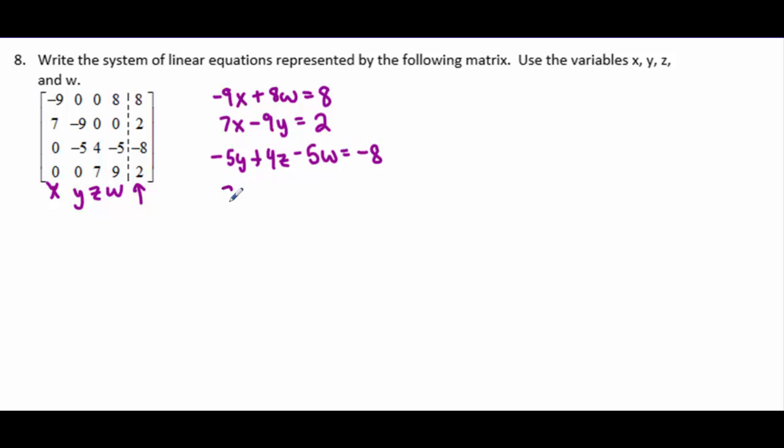And then 7z plus 9w equals 2. That's our system. It has 4 equations. None of them actually have all 4 variables, but it didn't ask us to solve anything. It just wanted us to write out the system, so we are good.